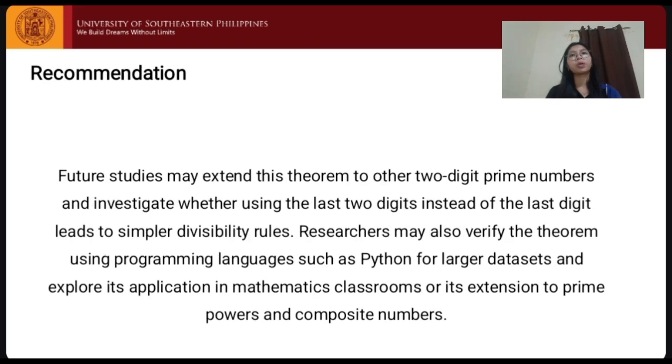So for recommendations, based on the findings of this investigation, we recommend several directions for future research. First, the general theorem may be applied to other two-digit prime numbers such as 61, 67, 71, and beyond to develop a complete collection of divisibility rules.